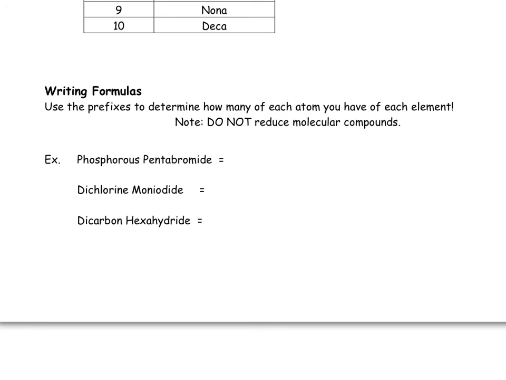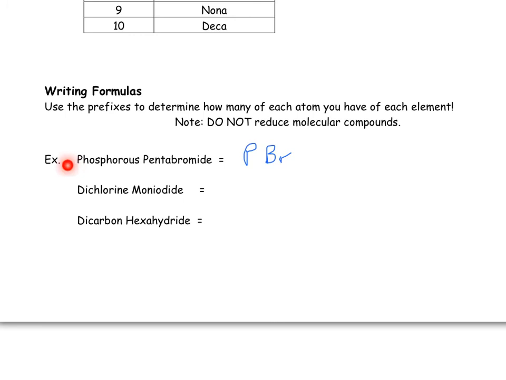Here's an example. Phosphorus pentabromide. I have a phosphorus, so the symbol for that is P. Bromide is a bromine. Remember, the last three letters of all the names are changed to IDE, so change them back to the original elements. So a bromine has the symbol Br.